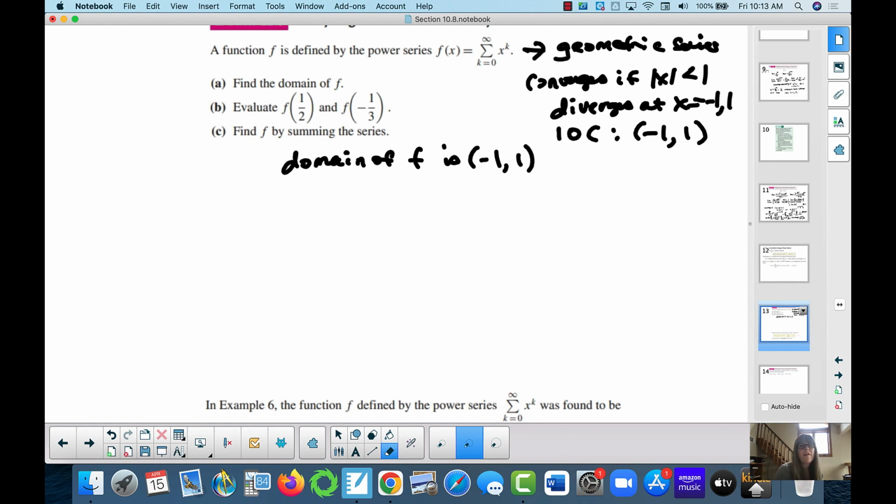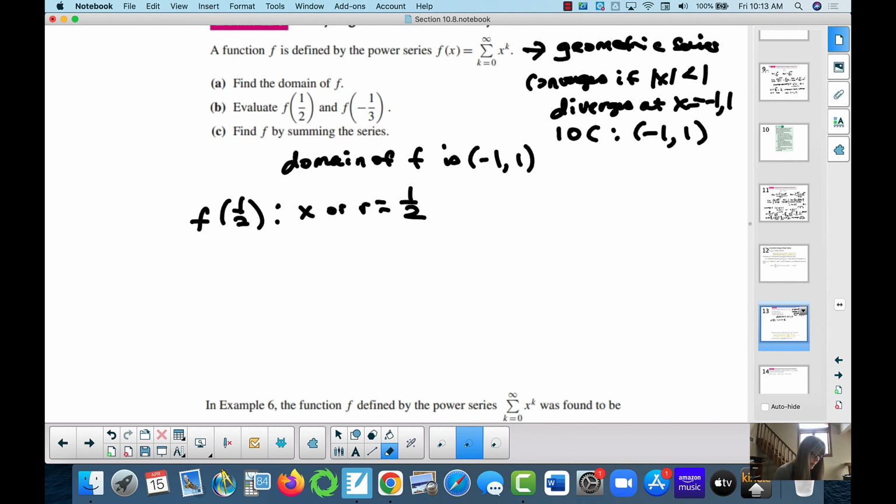So if I want to find f of 1/2 or f of negative 1/3, then I have to find the sum of the series when x is those values. So for f of 1/2, that means that x, or r, for our geometric series is equal to 1/2. That's in the domain, so we can evaluate that.